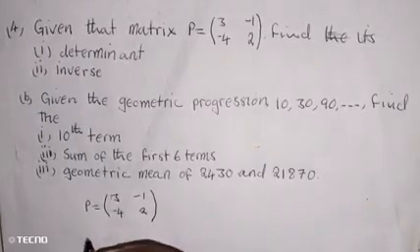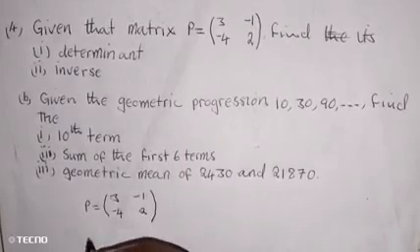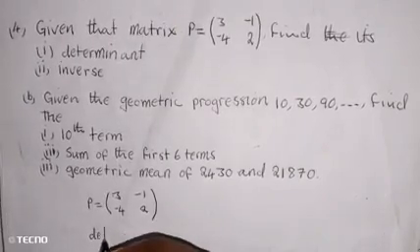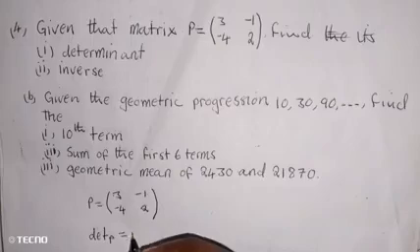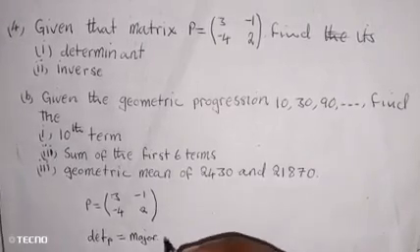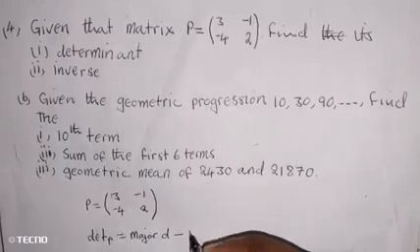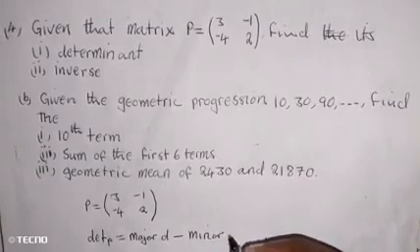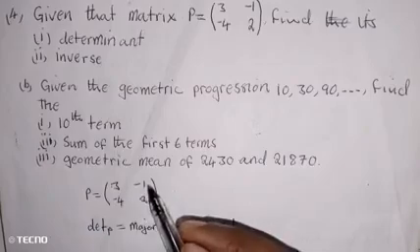So the determinant of P is equal to major diagonal minus minor diagonal. Okay, so this is our major and this is the minor.